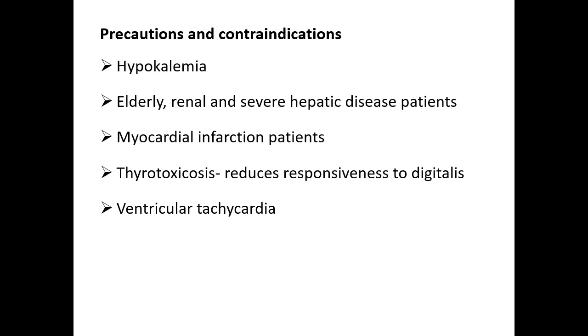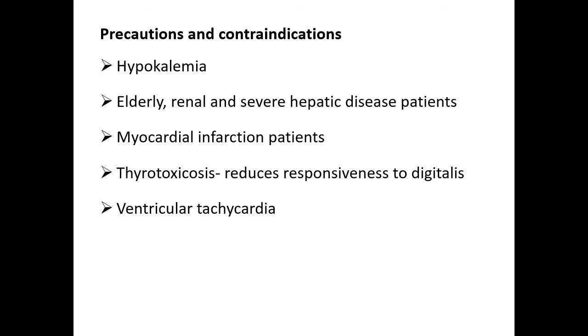That brings down the effective antagonism at the sodium-potassium pump, because in the scarcity of potassium, there are more chances for the digitalis to bind more strongly and more prominently with the sodium-potassium pump. So it brings about a more prominent contractile action on the myocardial fibers. So in hypokalemic conditions, it is contraindicated.